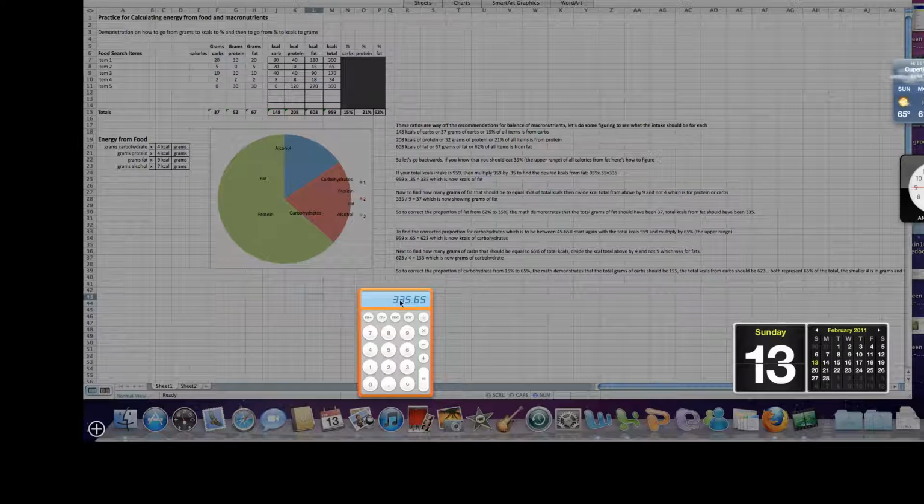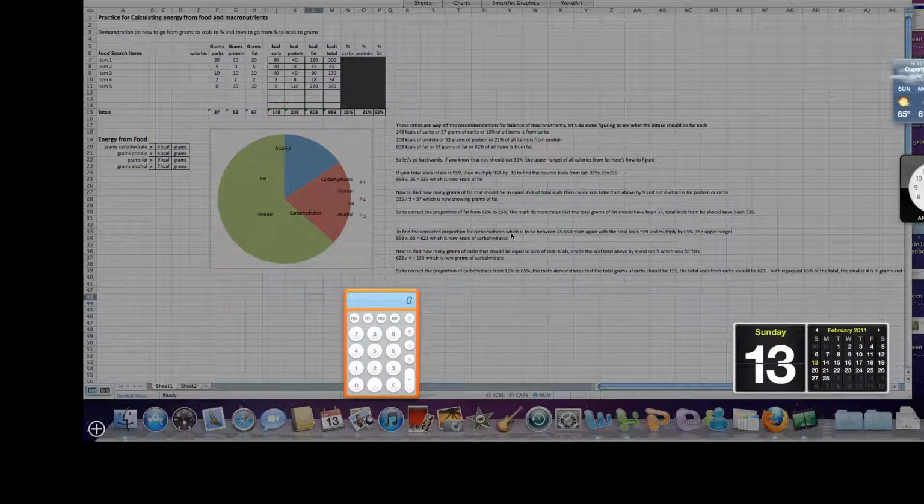We divide by 9, because for fat it's 9 kilocalories per gram, and dividing by 9 we get 37. So 37 represents how many grams of fat we should eat. Instead of eating 67 grams of fat that day for the amount of items we took in, we should have eaten 37. So let's do one more.